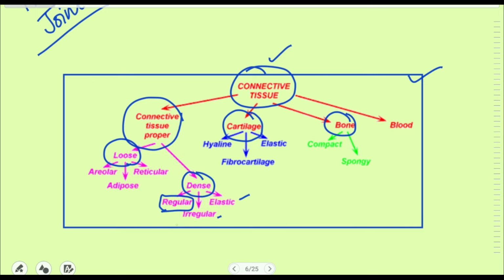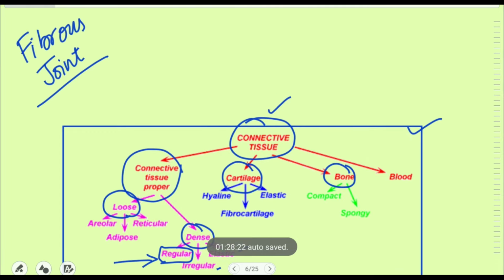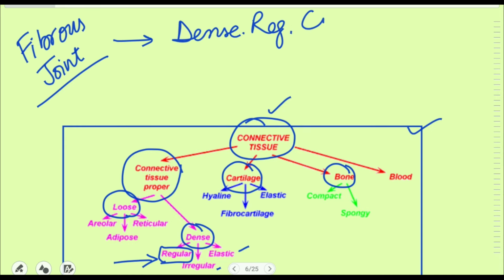Now keep in mind, what is the exact uniting medium of the fibrous joint? This is the uniting medium of the fibrous joint. Dense regular connective tissue, that is written as fibrous connective tissue in your books. So the uniting medium of the fibrous joint is the dense, regular connective tissue.